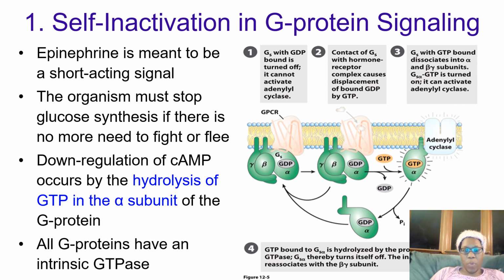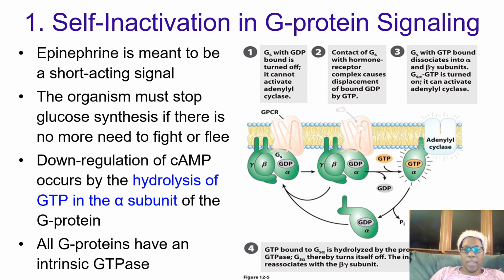Then, when epinephrine binds, the GDP is exchanged with a GTP. That GTP-bound G protein finds the adenylyl cyclase, and we have the activation that we saw before.